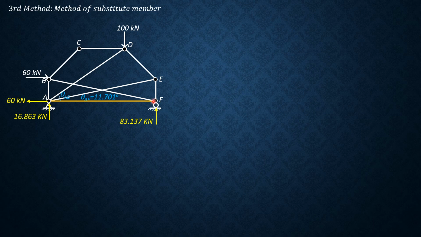So that's the advantage. You can actually choose any member from this truss and transfer it to or replace it with another member if you want. There's no restriction to that, but what is important is you have to select a member in such a way that when you remove that or transfer that to another joint, then the forces attached to that joint will be automatically of known force, like at C, so they are automatically zero.